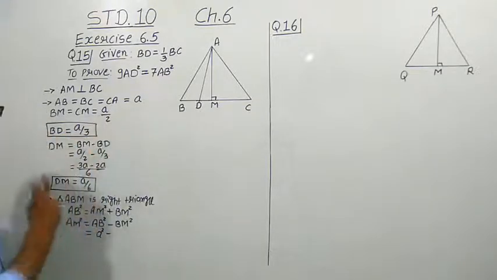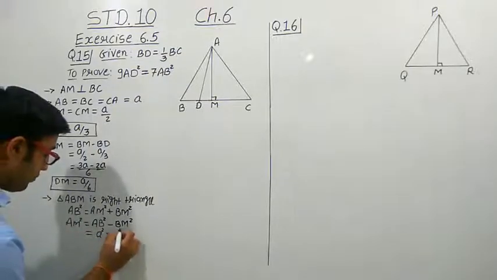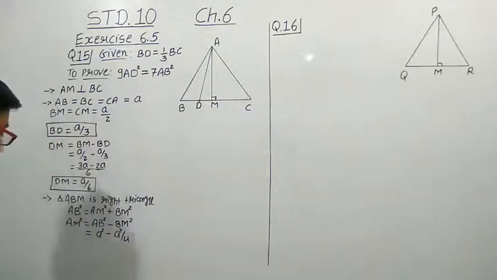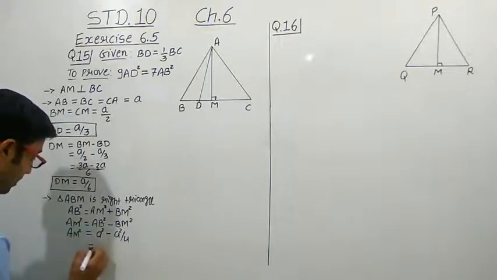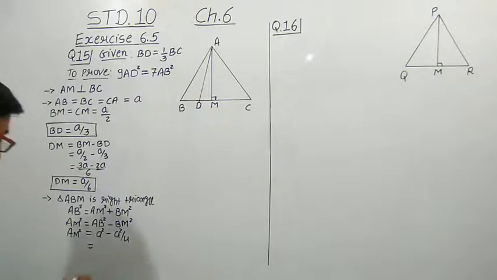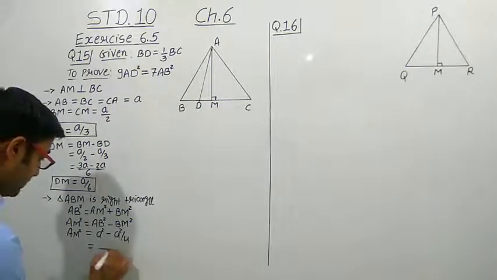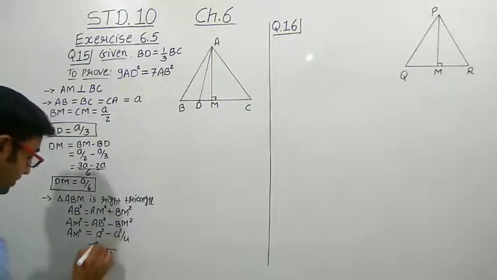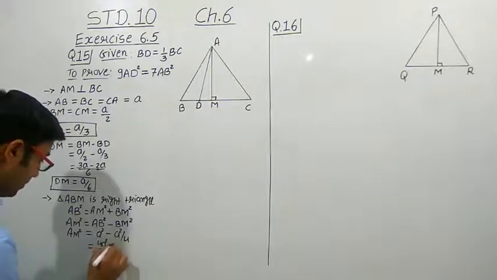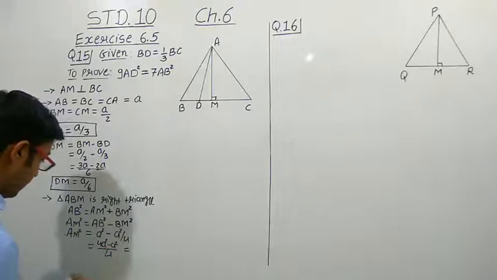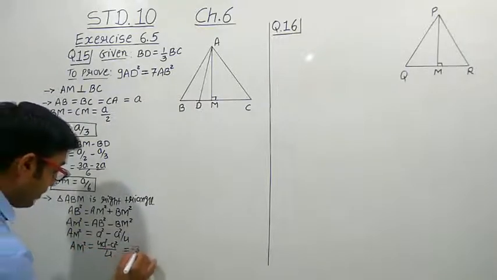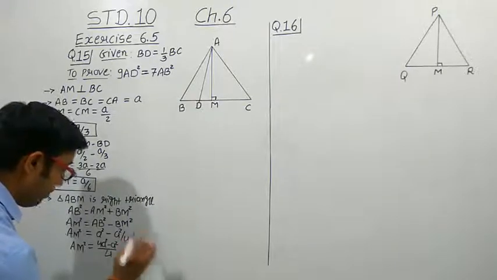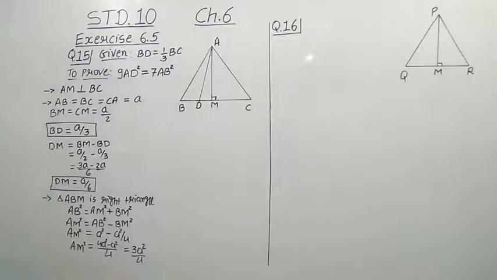BM is a by 2, and a by 2 square is a square upon 4. Also, if we take 4 as the LCM, what we are getting is 4a square minus a square. So we can write AM square is equal to 3a square upon 4. This is the value of AM square we are getting here.